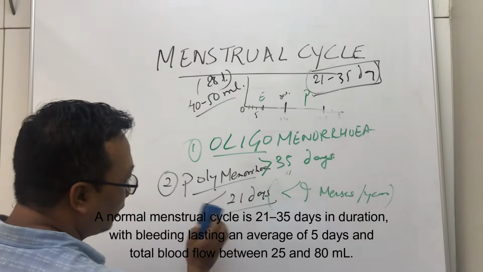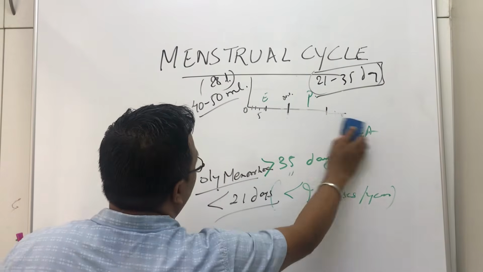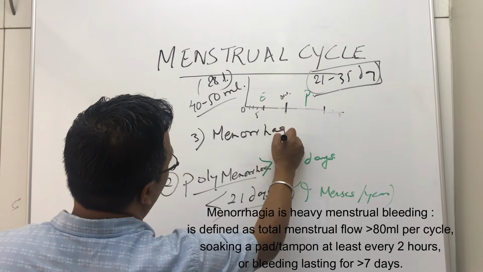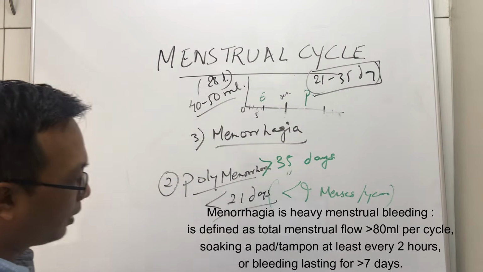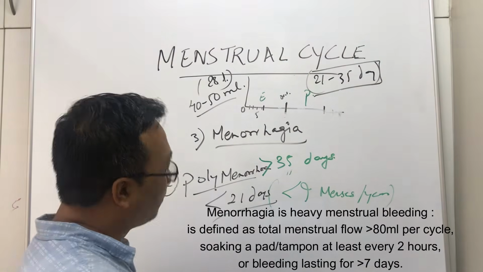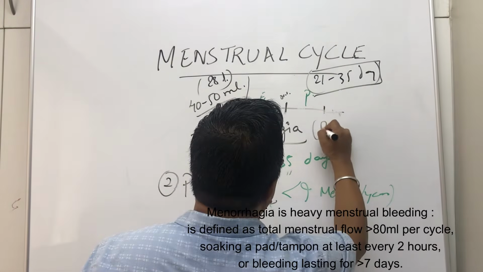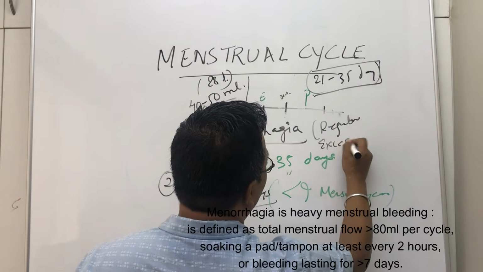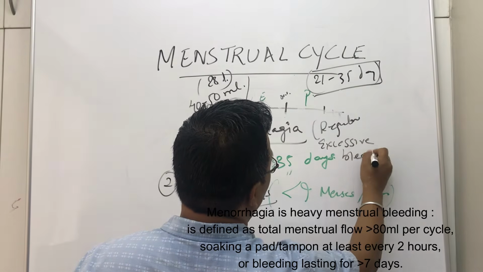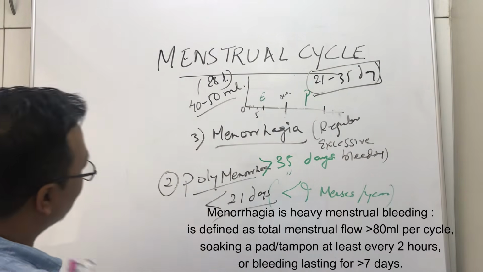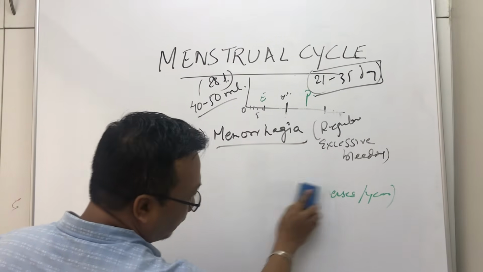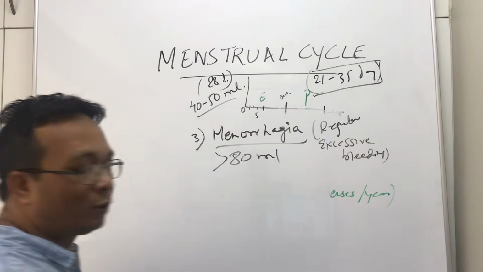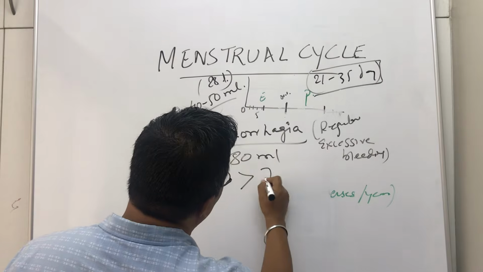The next term is menorrhagia. Menorrhagia means regular but heavy. The cycle is regular, but there is excessive bleeding, more than 80 ml per menstruation, which stays for more than around 7 days.